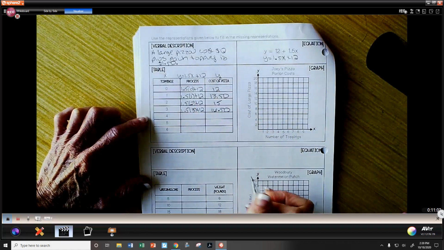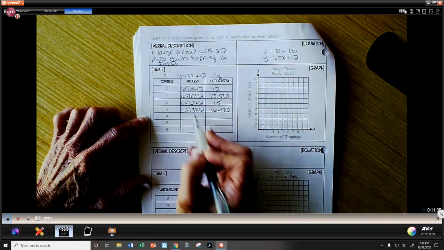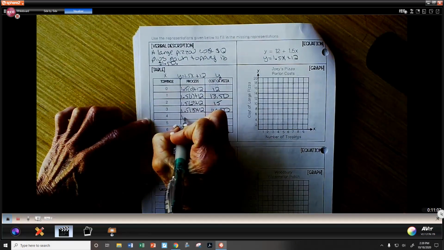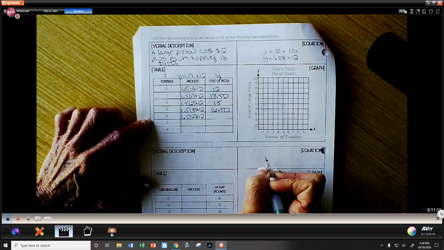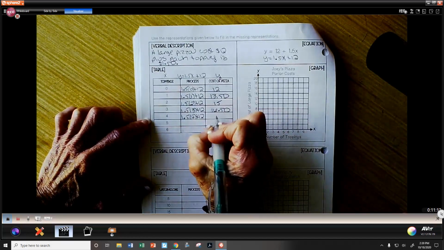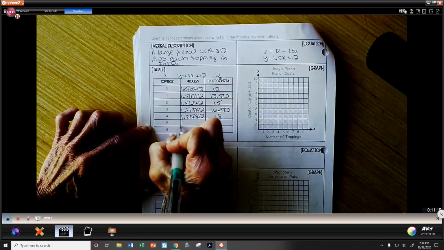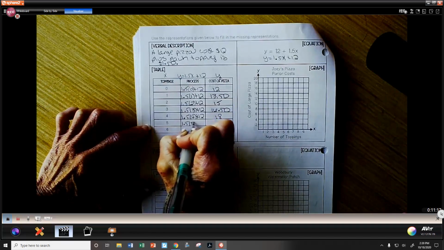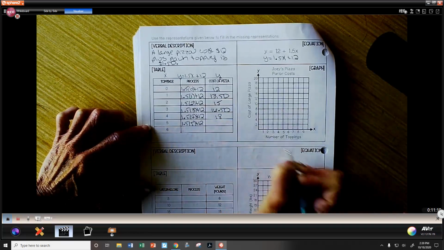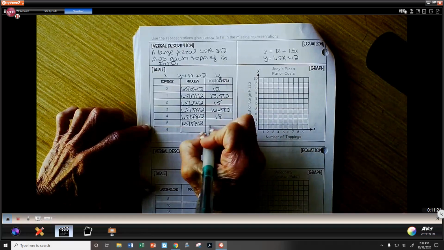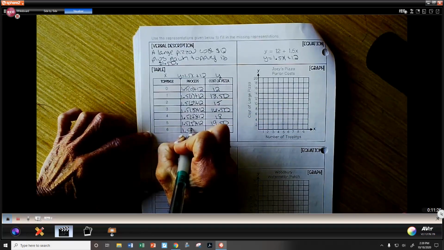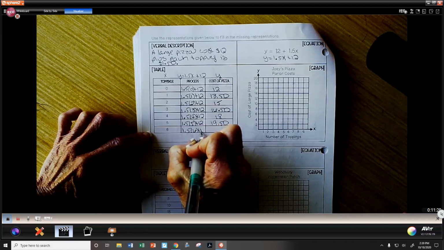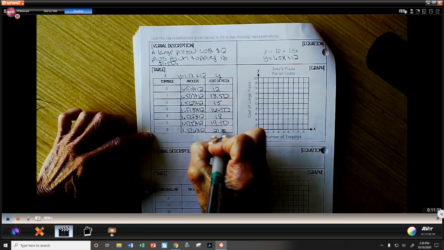Use your calculator if you don't know. 1.5 times 4 plus 12 is $18. 1.5 times 5 plus 12 is $19.50. And 1.5 times 6 plus 12 is $21.